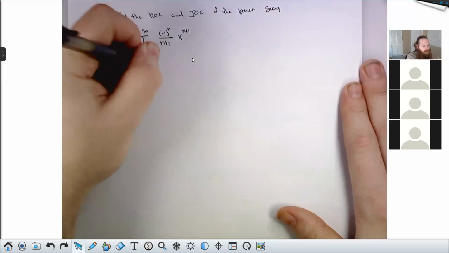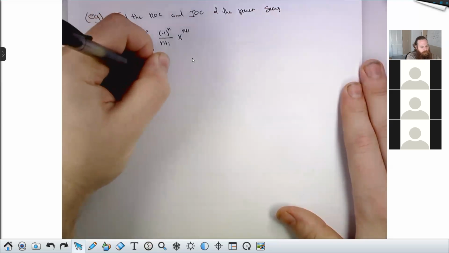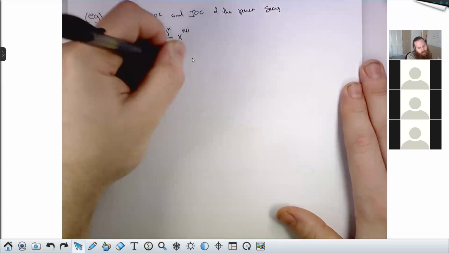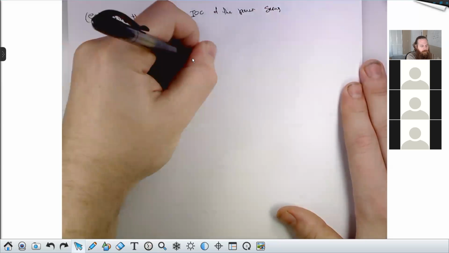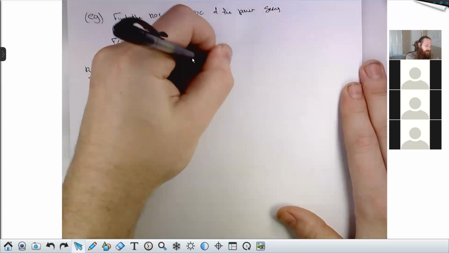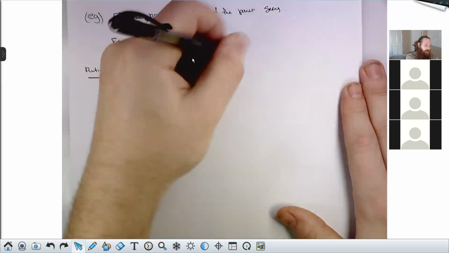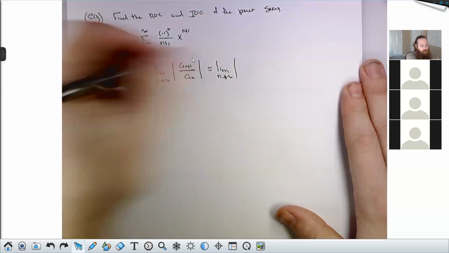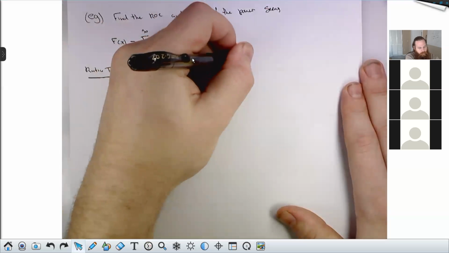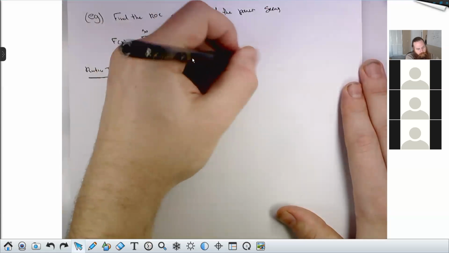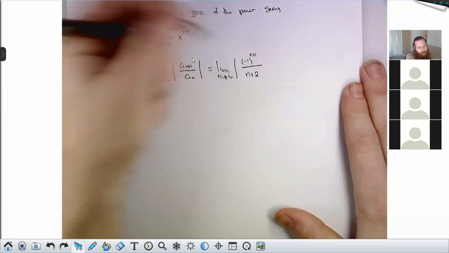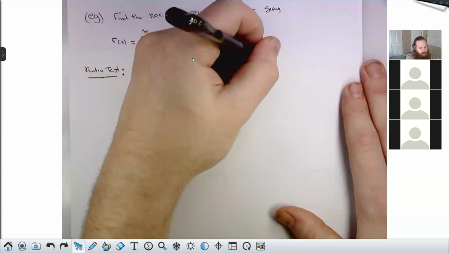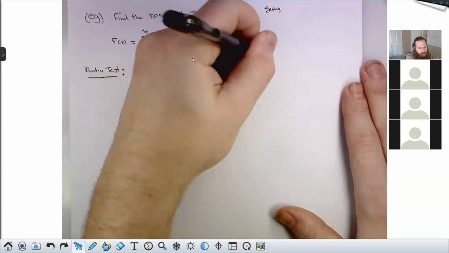So it says L is the limit as n goes to infinity of the absolute value of a_(n+1) over a_n, which in this case is the limit as n goes to infinity of the absolute value of, let's see, negative 1 to the n plus 1 over n plus 1 plus 1, that's n plus 2, and then x to the n plus 2.